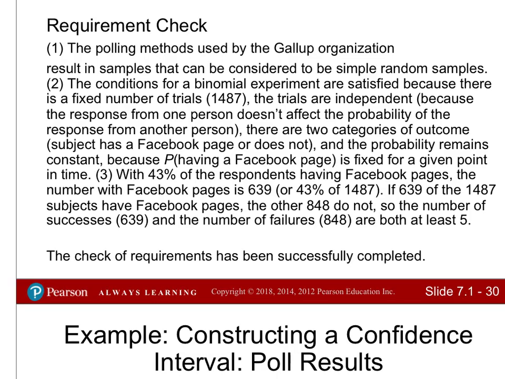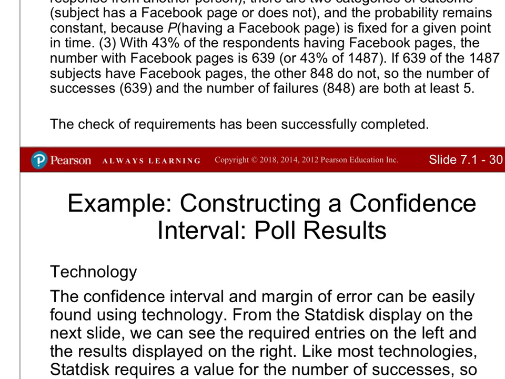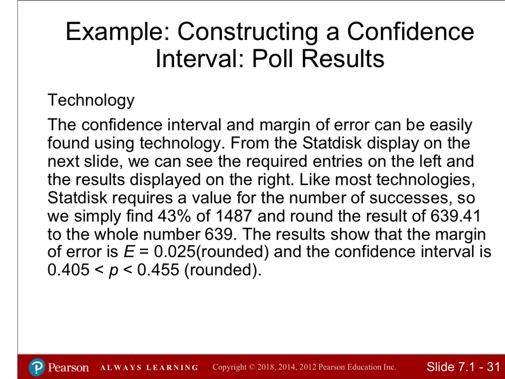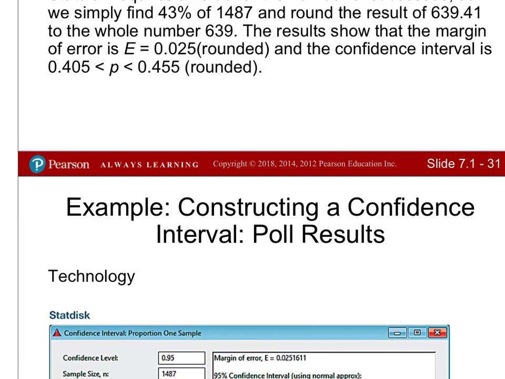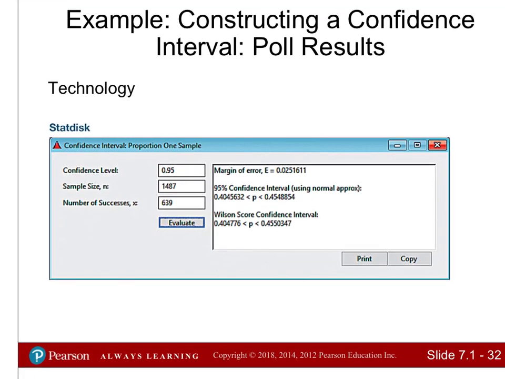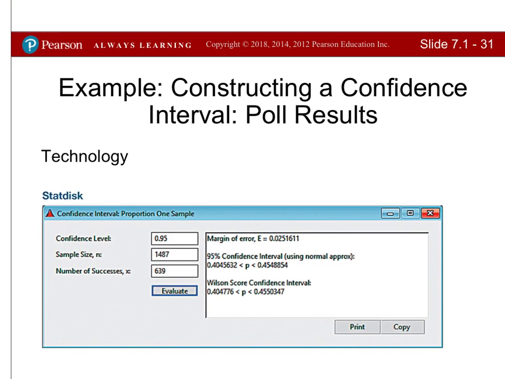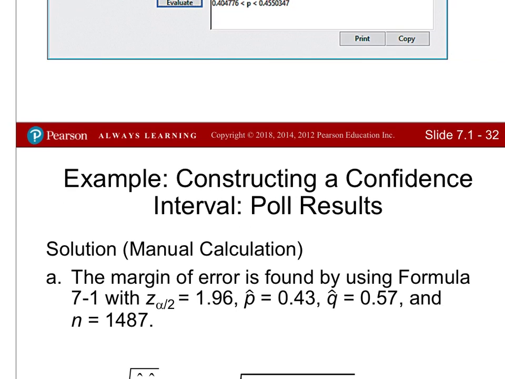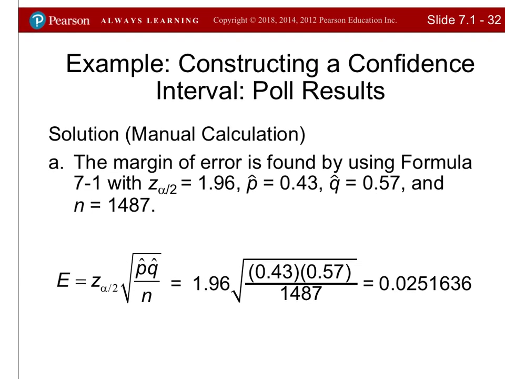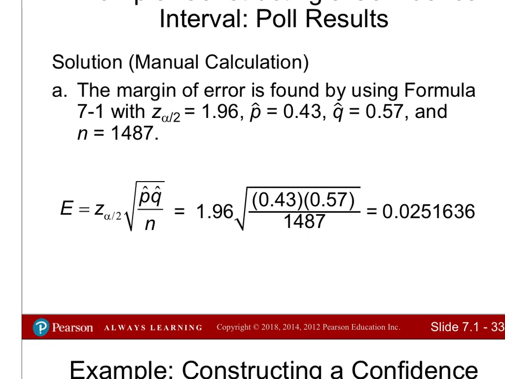Okay, there are at least 5 successes and 5 failures. Okay. We can use technology to do that. I'll try to demonstrate that later. You can follow this through. This is using StatDisk, not a technology we typically use. But here's how it looks if we're just going to do it manually.